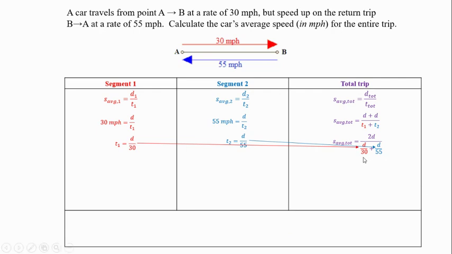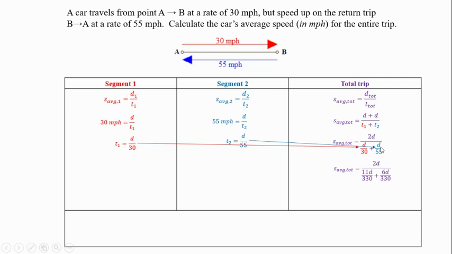But you notice in the denominator you have two fractions, and these two fractions have different denominators, so therefore it's important to find the least common multiple between 30 and 55, which happens to be in this case 330. So if you do that properly, you can multiply the left fraction in the denominator by 11 on top, also by 11 in the denominator, which yields 11D over 330.